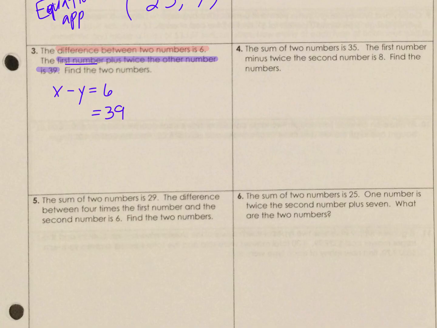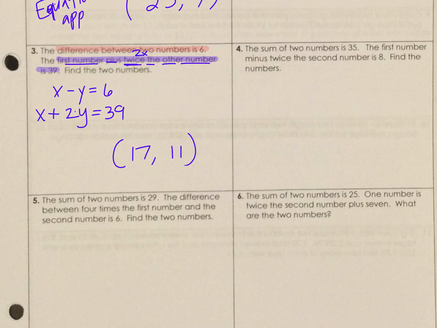The first thing I wrote was an x plus twice the other number. Twice means 2 times the other number, y, so it would just be 2y. We know there's a super secret times right there. You type both of those into your calculator, and you come up with 17 and 11.